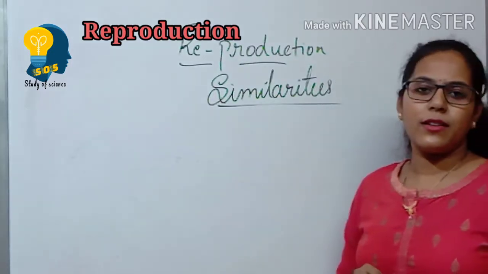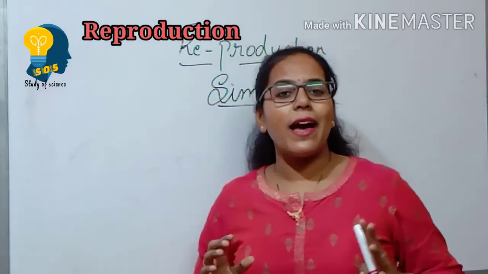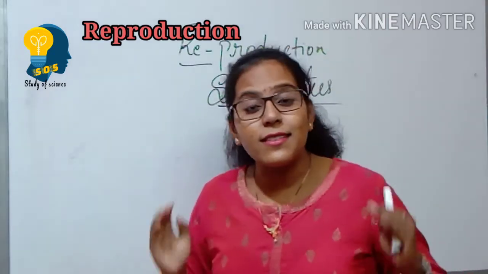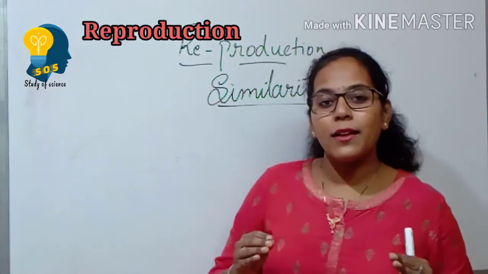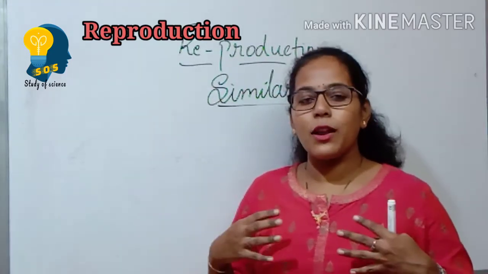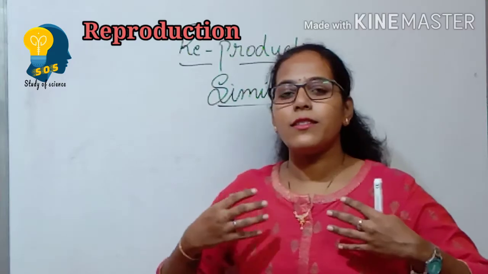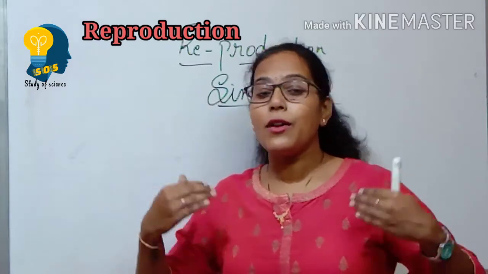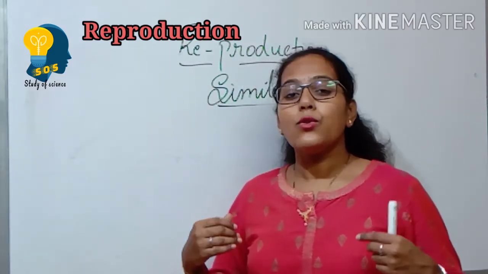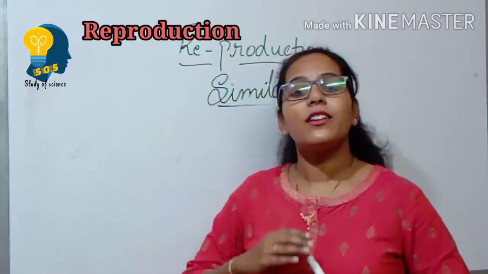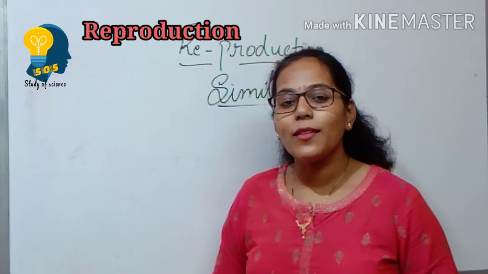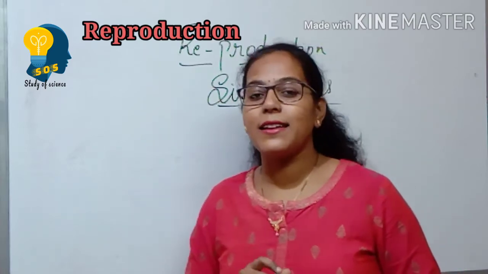Now the next question I will ask you is whether reproduction is necessary for us to survive. We have just taken birth, and now we are surviving on the earth, right? So if we have to live on the earth, is reproduction necessary? Yes, children, we have to understand this.